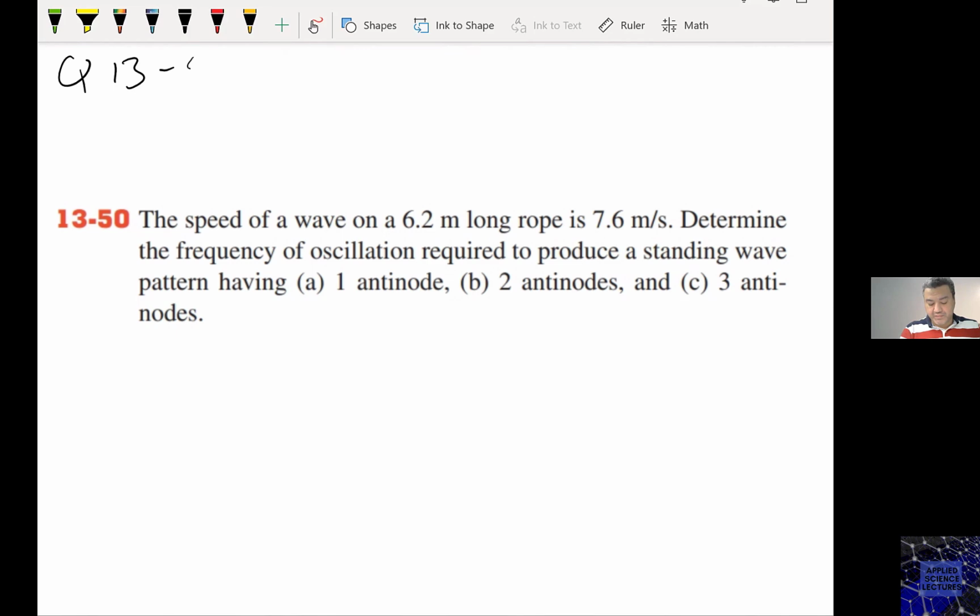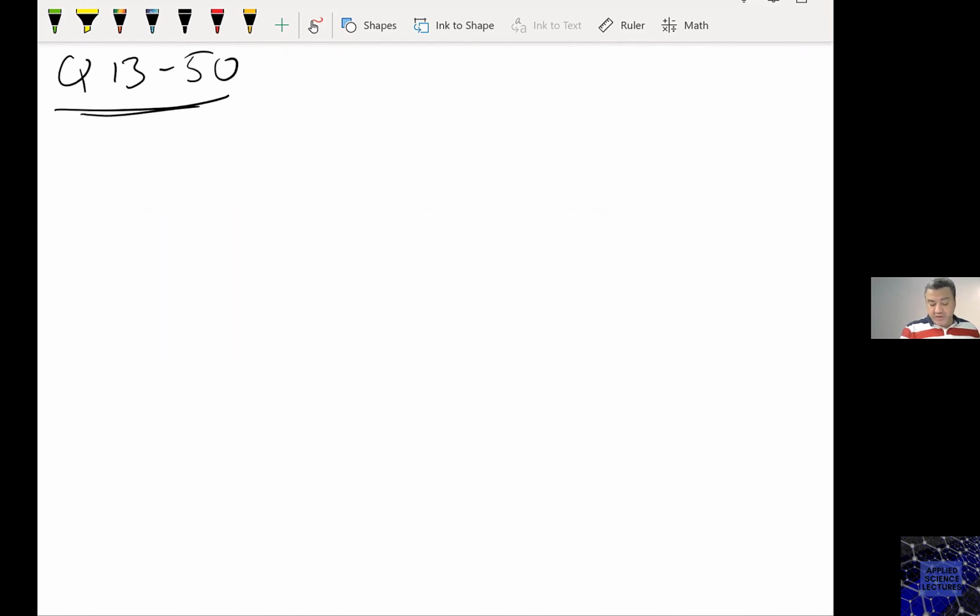Question 1350. In 1350, the question reads the following: the speed of a wave on a 6.2 meter long rope is 7.6 meter per second. So I have L equals 6.2 meter rope.